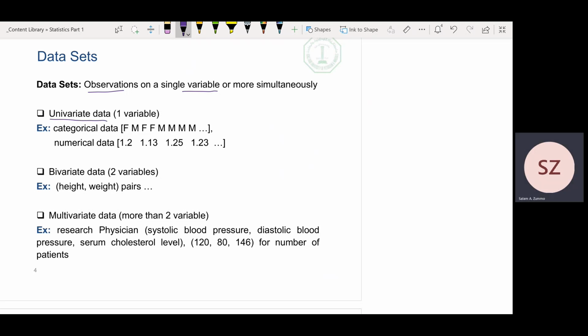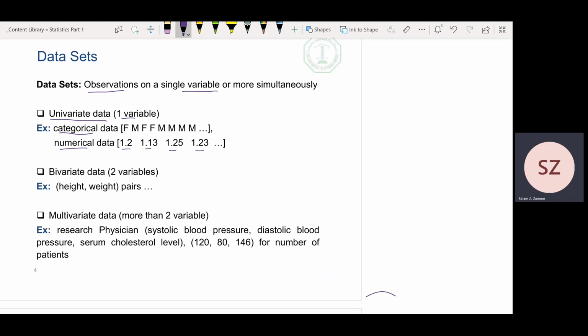A data set can have different variables or one variable. Univariate means one variable, either categorical or numerical data. Categorical is like male and female or whatever. Numerical data are certain numbers: age, GPA, whatever.